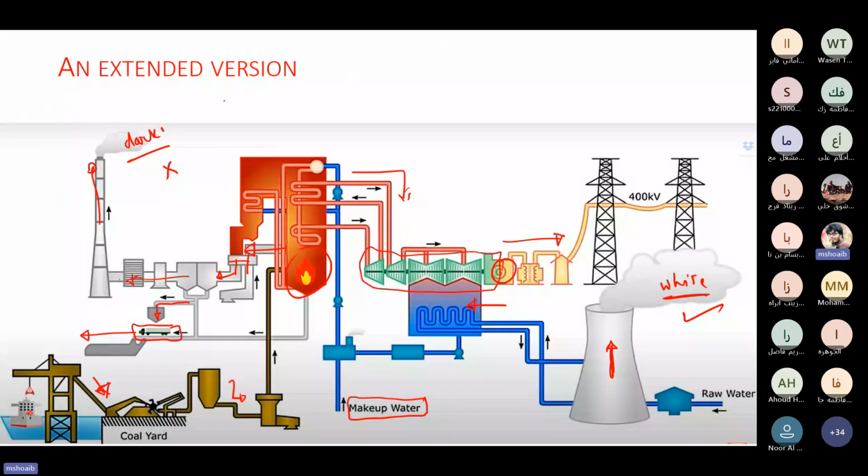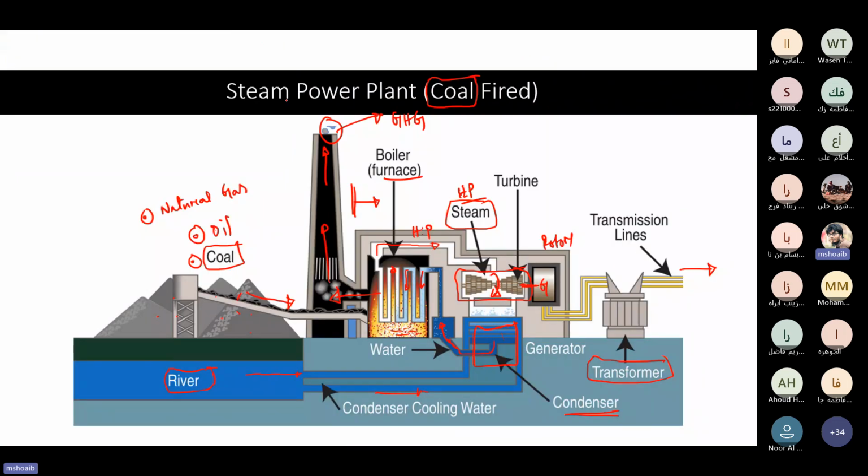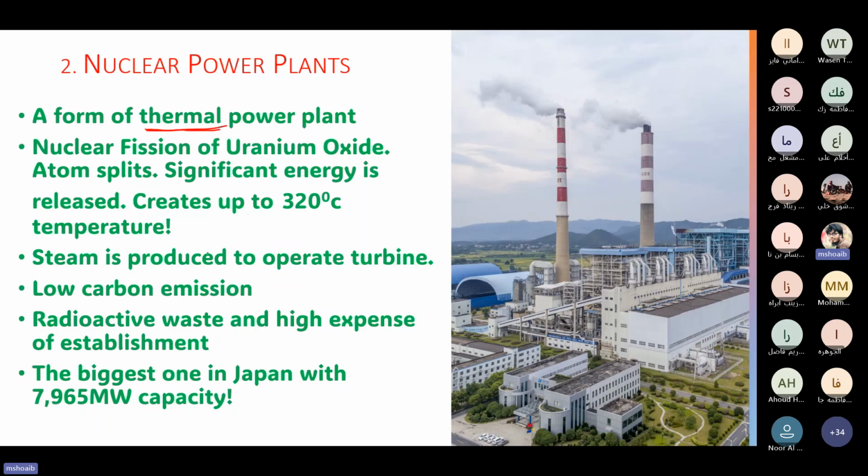Before, in the steam power plants, we used coal or oil or natural gas, which are the fossil fuels, to generate the heat. Over here, in the nuclear power plants, we use nuclear fission to generate the heat. This is the only difference.